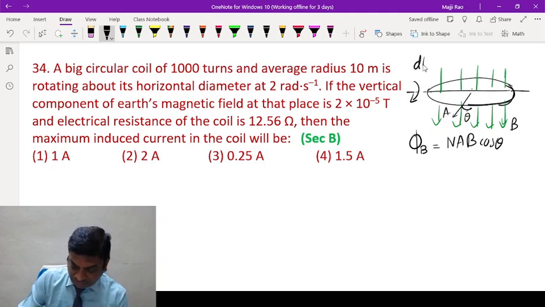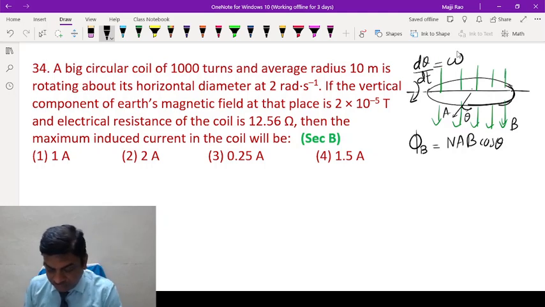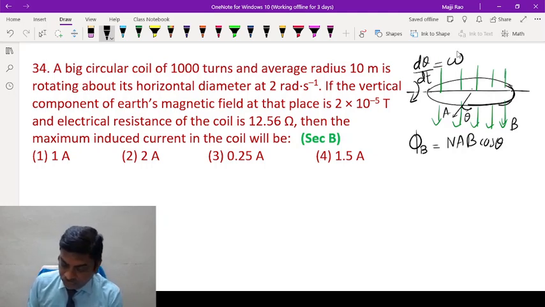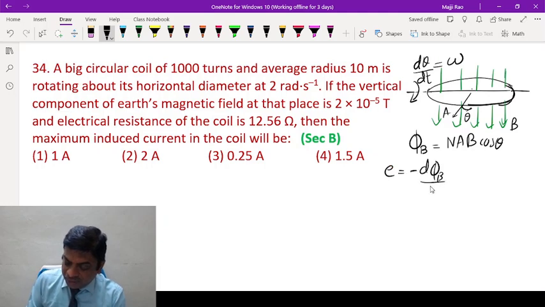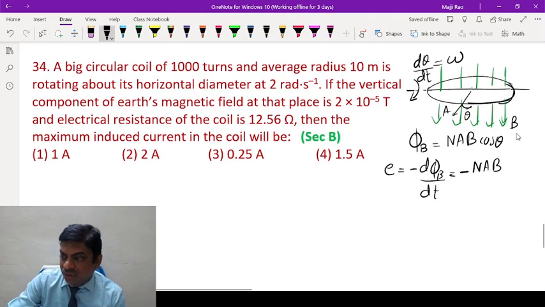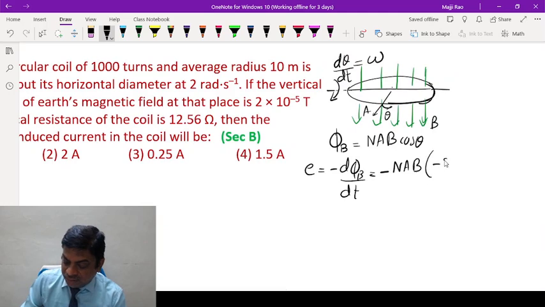Remember, d theta by dt is omega. So the induced EMF is minus d phi B by dt, which is minus NAB into the derivative of cos theta, which is minus sin theta d theta by dt. Remember, we are differentiating with respect to time t, and d theta by dt is omega.